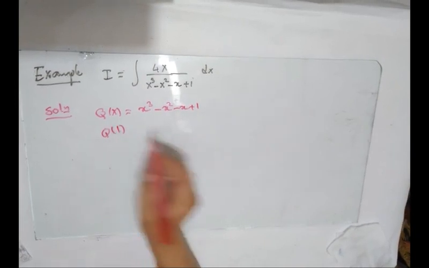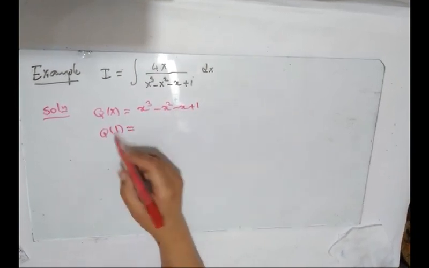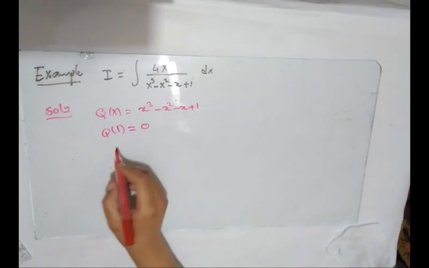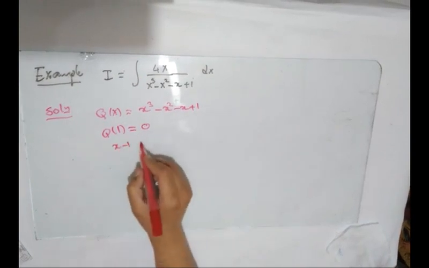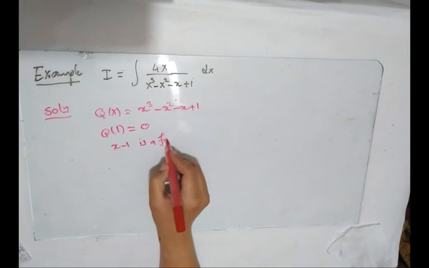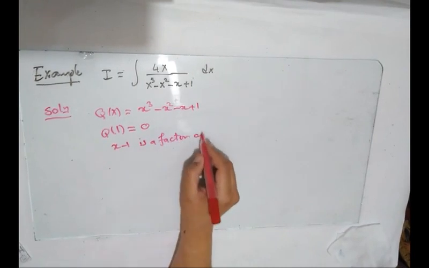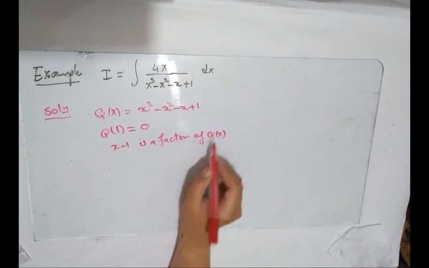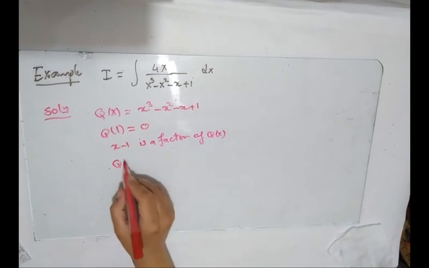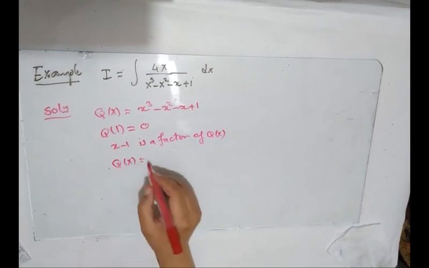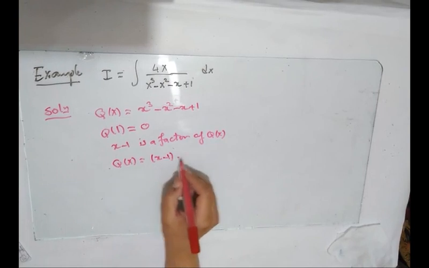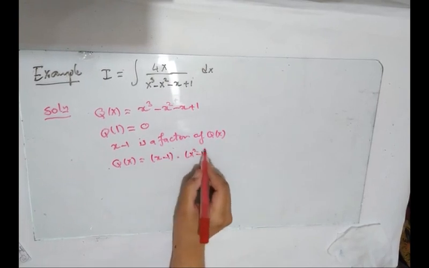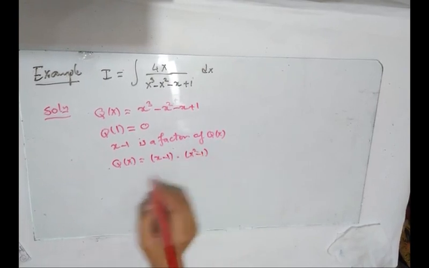You can easily verify that q of 1 is 0, so x minus 1 is a factor of q of x. If you apply the long division, q of x will be x minus 1 times x squared minus 1, and actually this can be factorized easily.